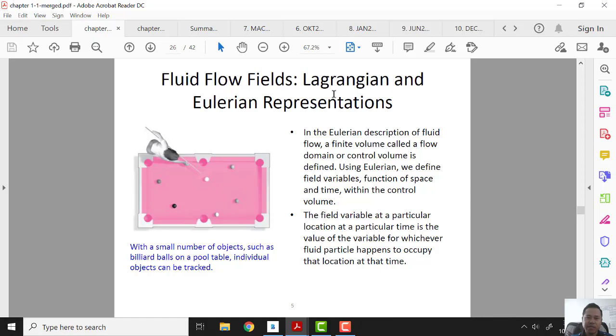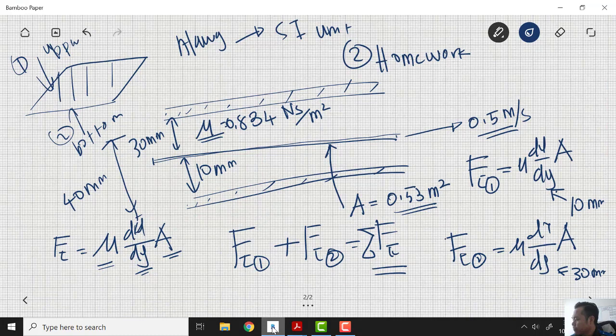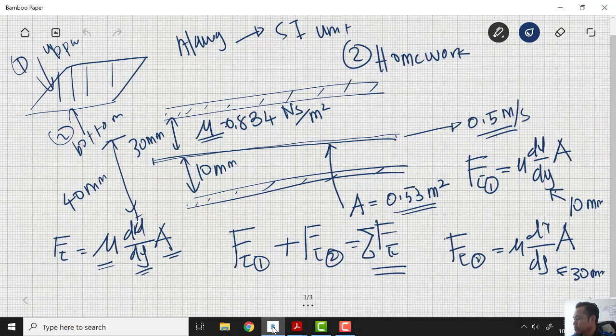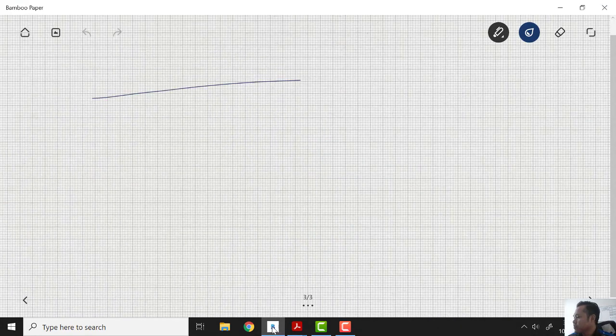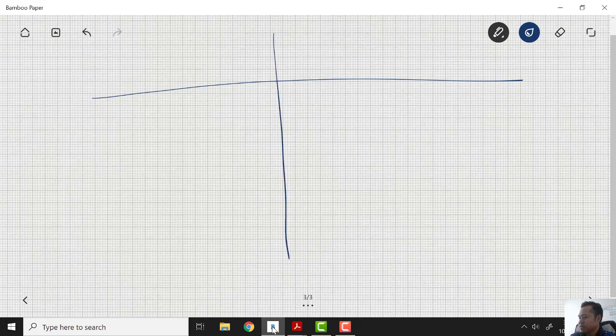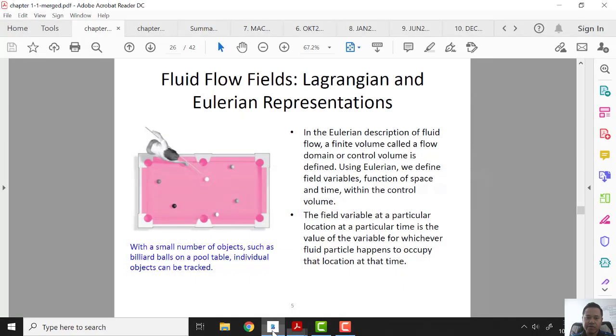What's the difference between Lagrangian and Eulerian?